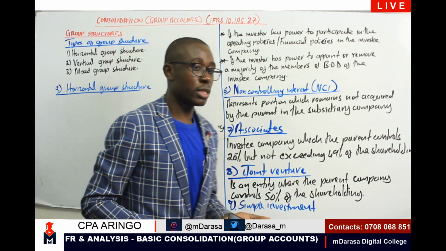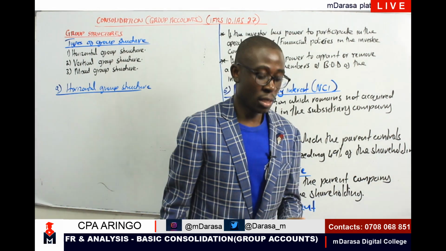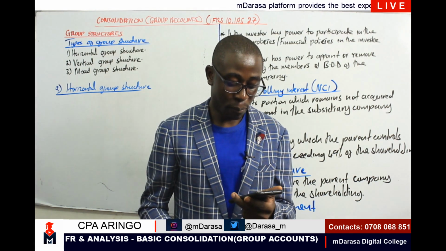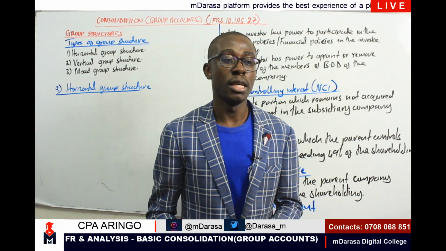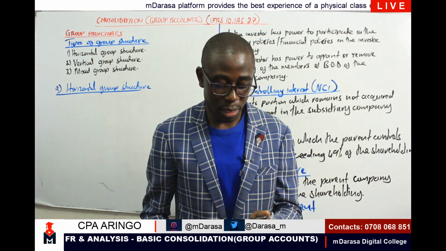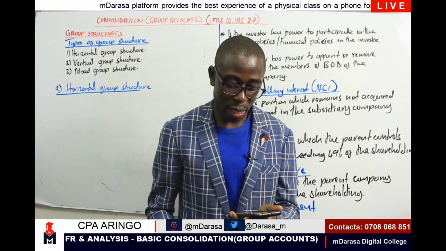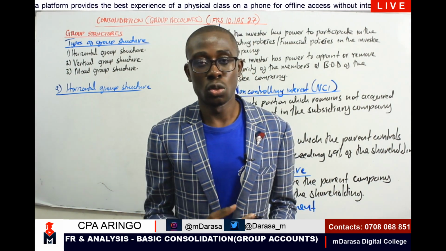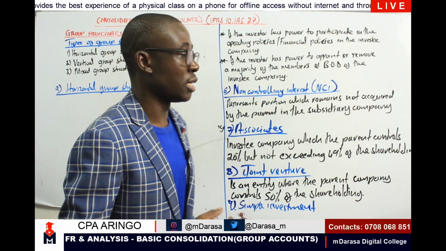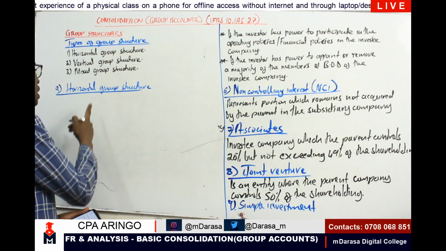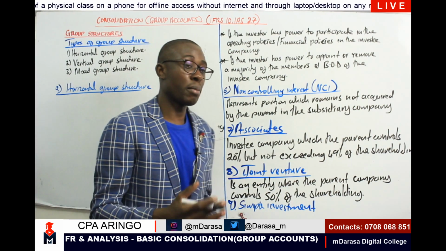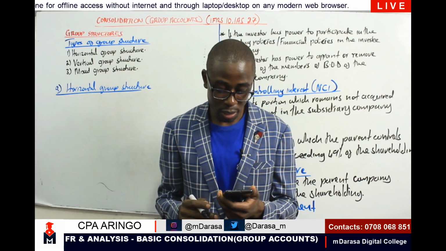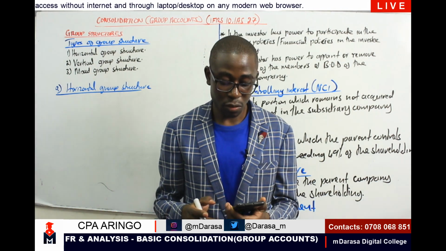Let us first analyze it and understand each element. For a horizontal group structure, my good students, it exists where the parent company has direct control in one or more investee companies. So that is very important for us to understand.